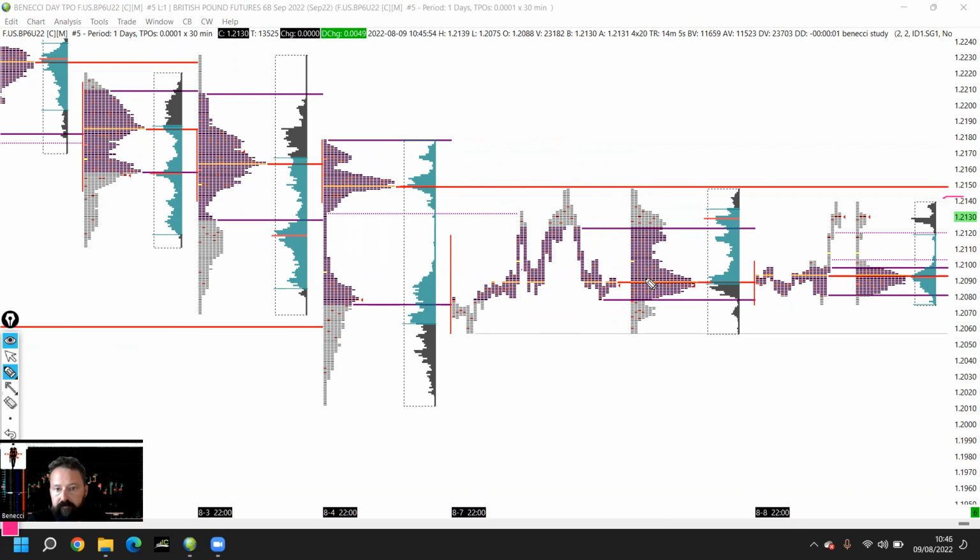For example, here. So you can see on this profile, that's the point of control down the market profile, right? But on the volume profile, although most of the time at this price was spent here, the most tradable volume happened here, which is where the point of control is on the volume profile. And when price gets to that, the same principle applies, you can look to see if there's going to be any sort of reaction. Okay.